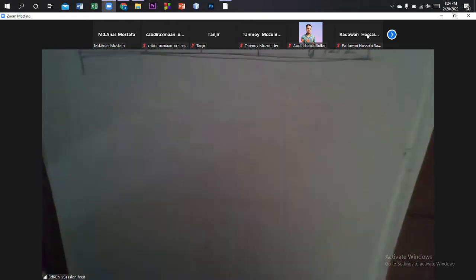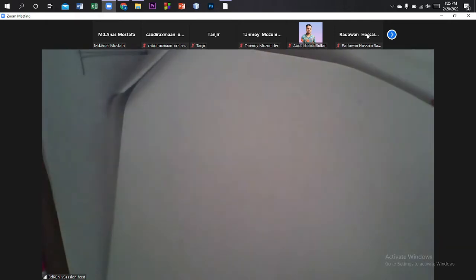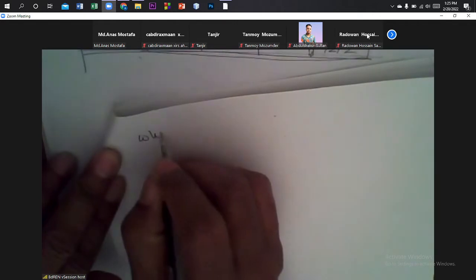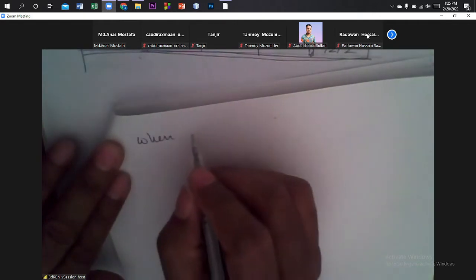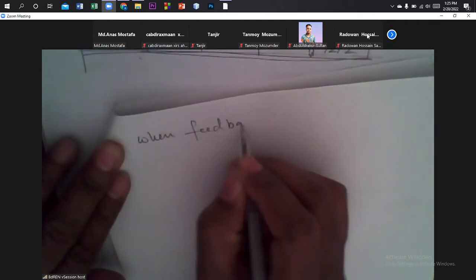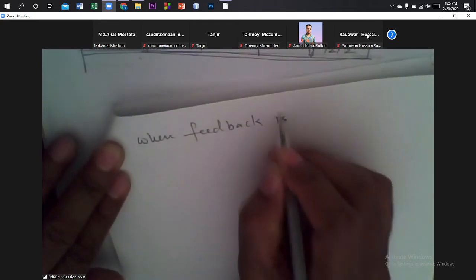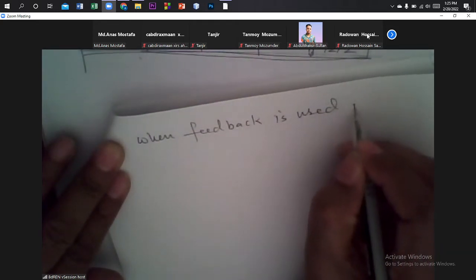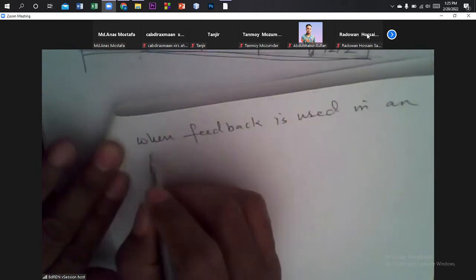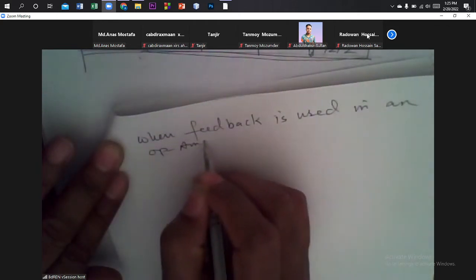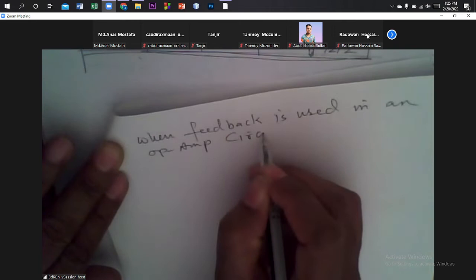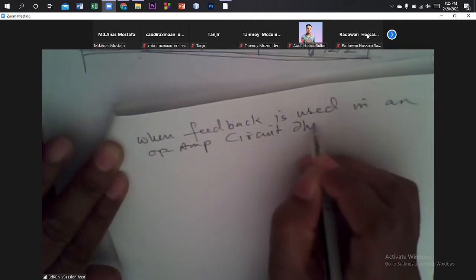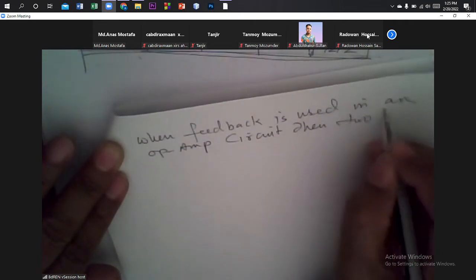When feedback is used in an op-amp circuit, then two things will happen.